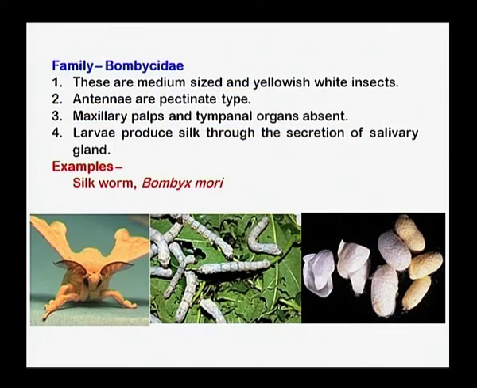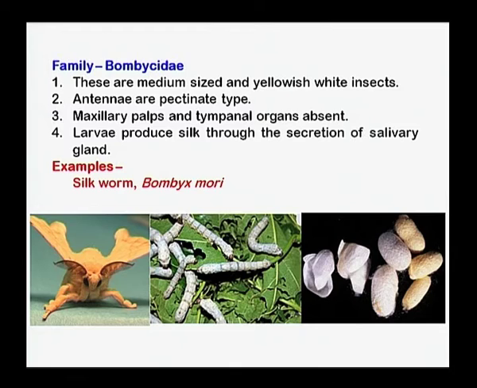Family Bombycidae, the insects of the family are medium sized, mostly yellowish white in color. As far as the antennae are concerned, the pectinate type of antennae are common. Maxillary palps and tympanal organs both are absent in this family.